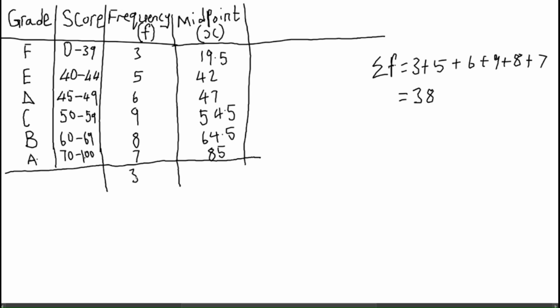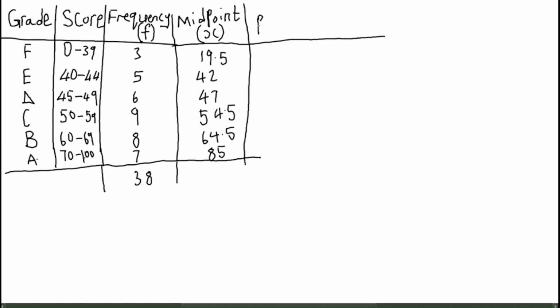So yes, a total of 38 students in this class. The next thing we need to calculate is the sum of the frequency times the midpoint value. Let's call this f times x. So what we're going to do is multiply the frequency by the midpoint.